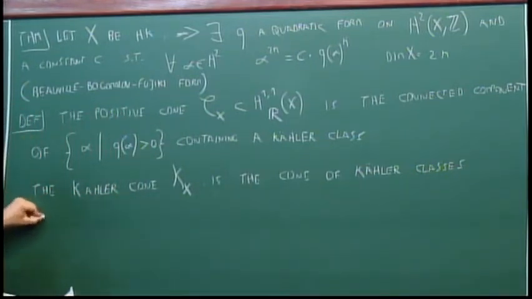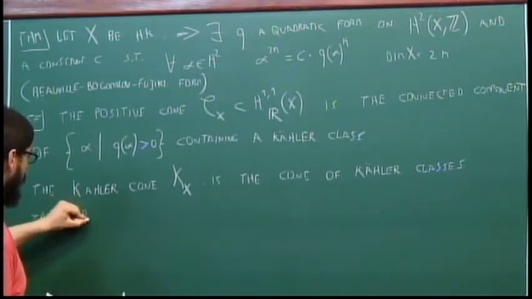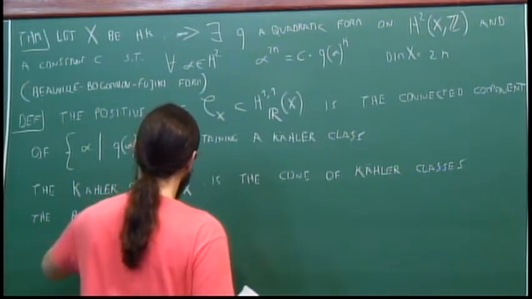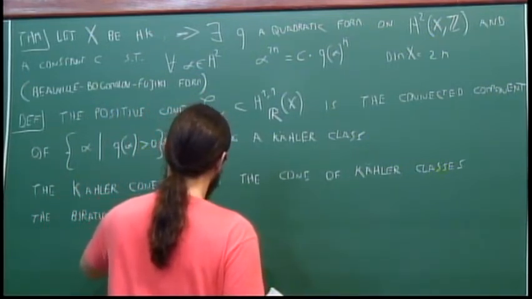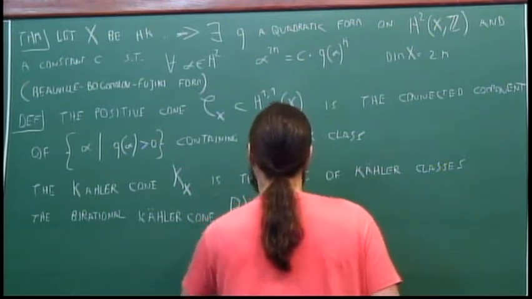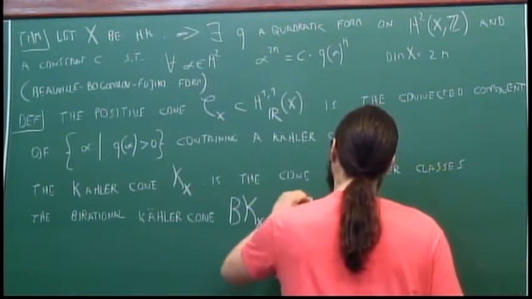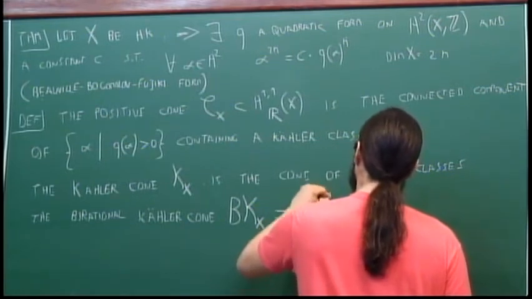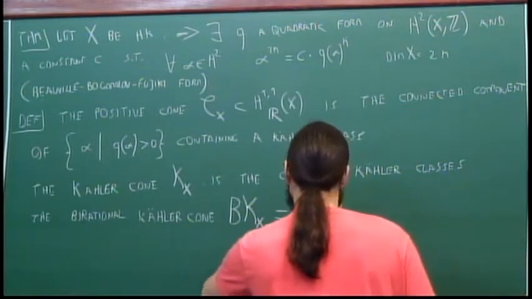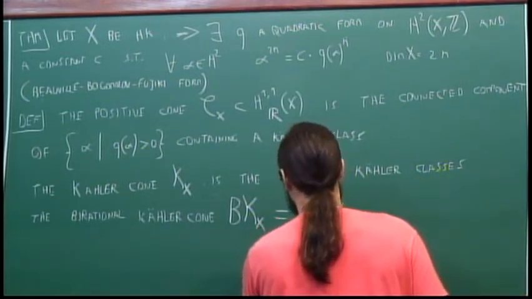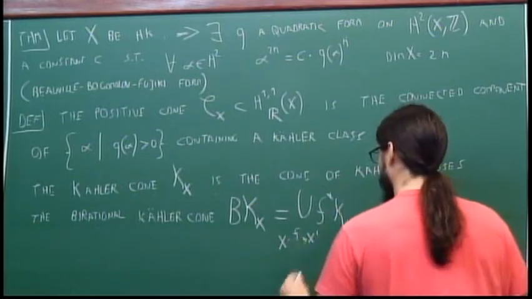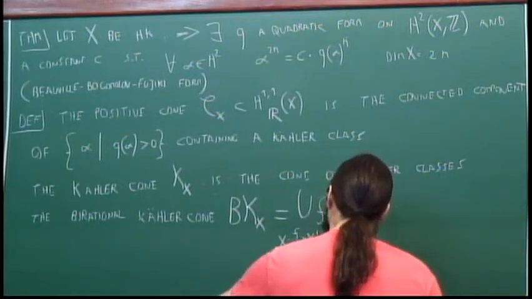And finally, the birational Kähler cone BK of X is the union of the pullback of Kähler cones taken along all birational maps from X to another manifold X', where X' is hyperkähler.